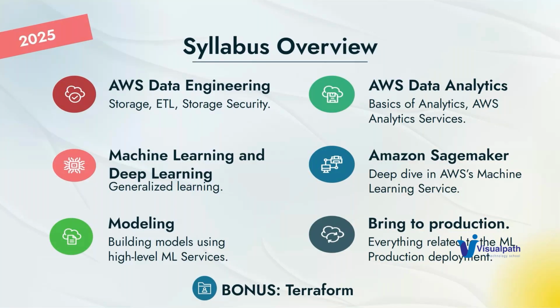Then we'll be going on to the more services that AWS provides for modeling your machine learning algorithms, specifically related to, for example, AWS Comprehend, AWS Translate, or Rekognition. These services actually provide you a certain set of models which lets you do a certain set of actions.